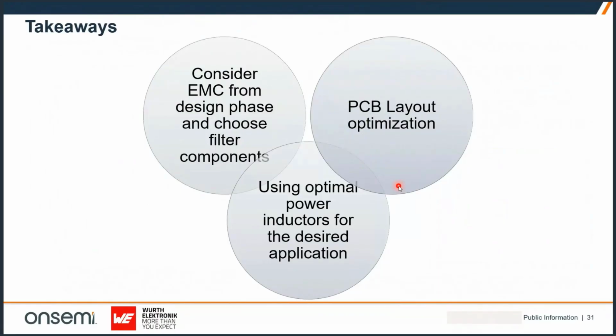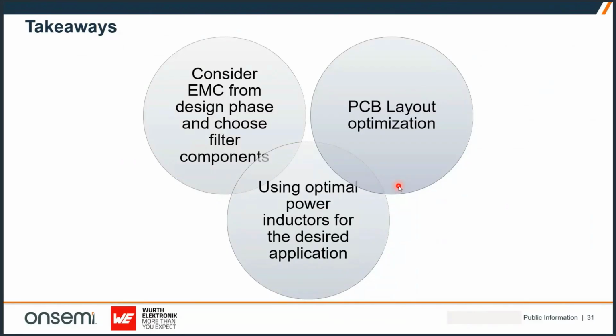So the key takeaways while designing any application, especially for automotive: consider EMC from the beginning of the design, designing your filter components. On the other side, the PCB layout should be optimized so that you have lower loops and lower crosstalk between the lines, making it as perfect as possible.